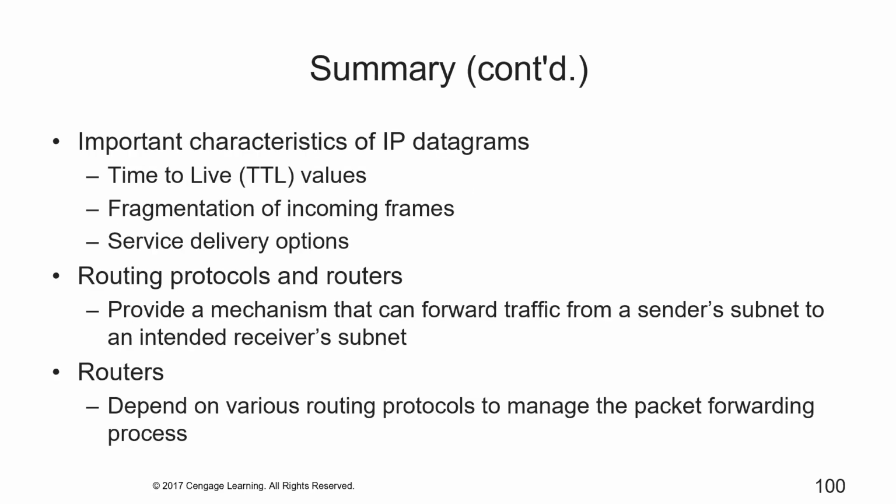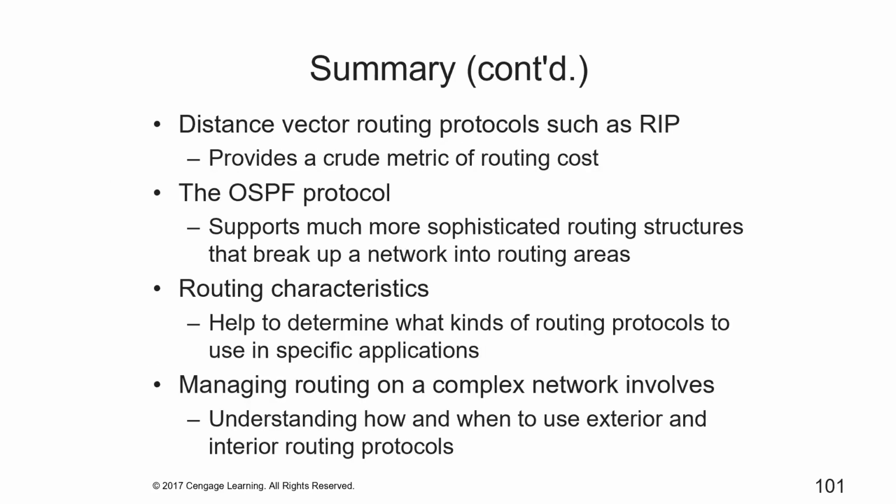So, important characteristics of IP datagrams: time to live, fragmentation of frames, service delivery. Routing protocols and routers provide a mechanism that can forward traffic from a sender subnet to the receiver subnet. Routers, depending on the various routing protocols, manage the packet forwarding process. The distance vector routing protocols, so RIP, use a crude metric of routing costs.